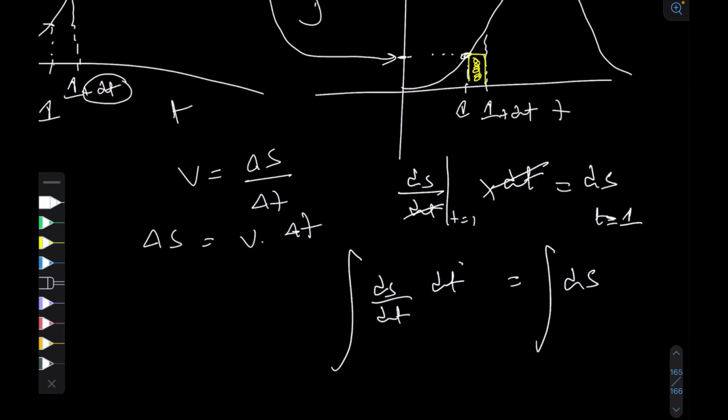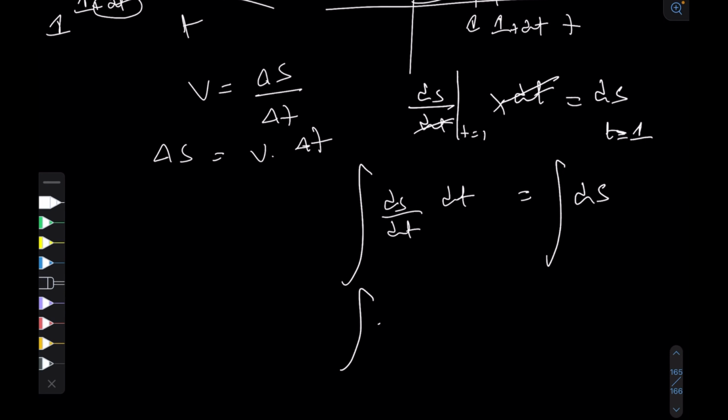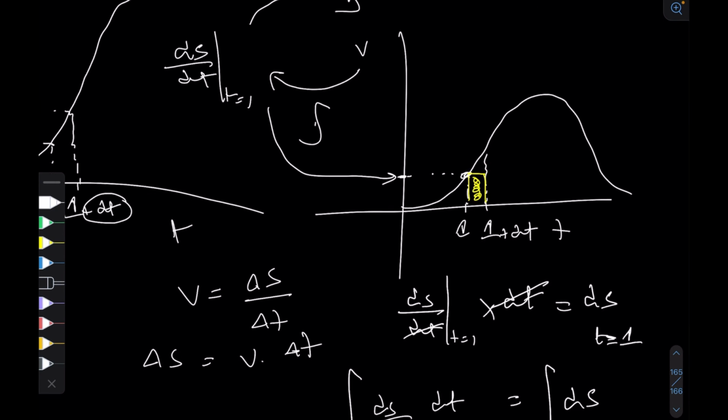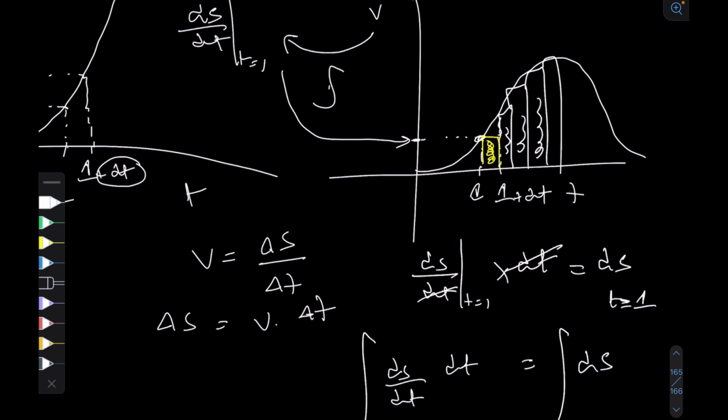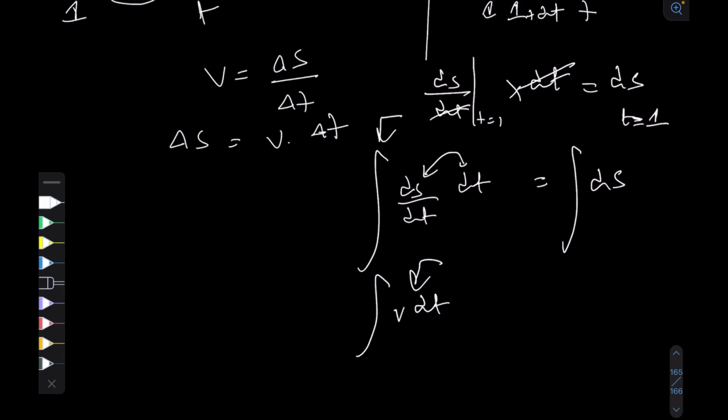If I rewrite this as v dt, what it really means is that all of these rectangles, you sum up all of their areas. This multiplied by this can be interpreted as this area, and so the integral really just means adding up all of those areas.